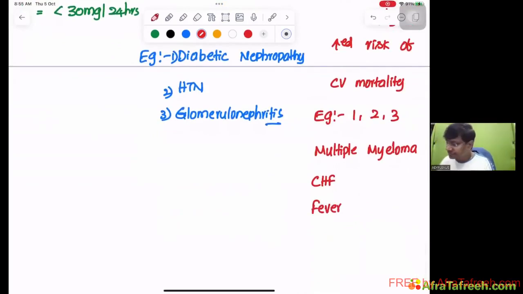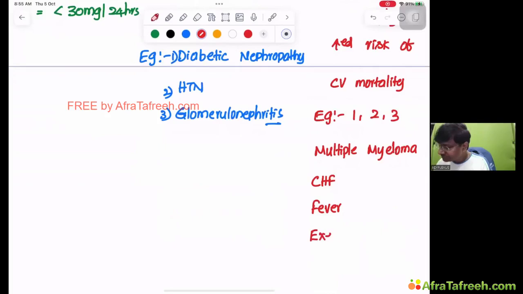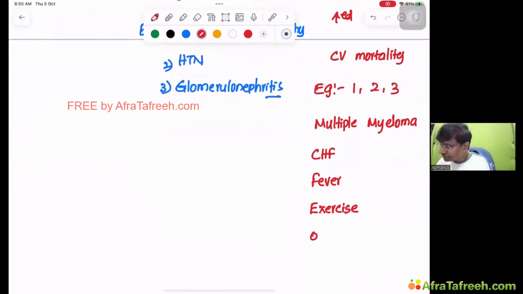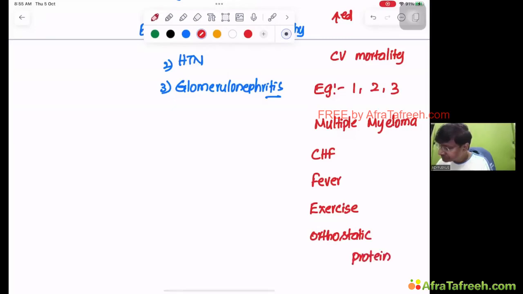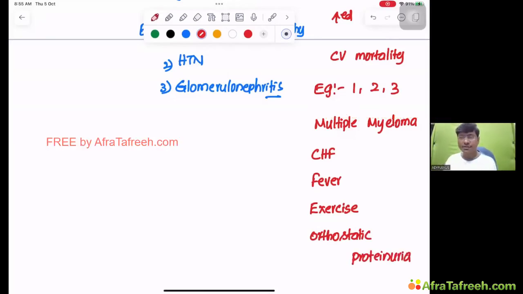Next, in cases of fever, exercise, and then orthostatic proteinuria. So these are the causes for severely increased albuminuria, where the urine albumin excretion rate is around 300 to 3,500 milligrams per gram. Milligrams is your albumin, per gram is your creatinine.